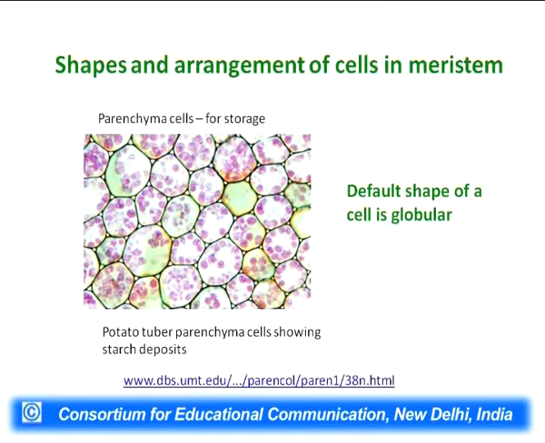Now, as I was giving you an example of keeping stones in a jar, look at these cells over here. All the cells in this picture are taken from potato tuber slides, and all the cells are of a globular or spherical shape. So, you can think of a jar filled with glass marbles, all of which are almost similar in size and spherical in shape.